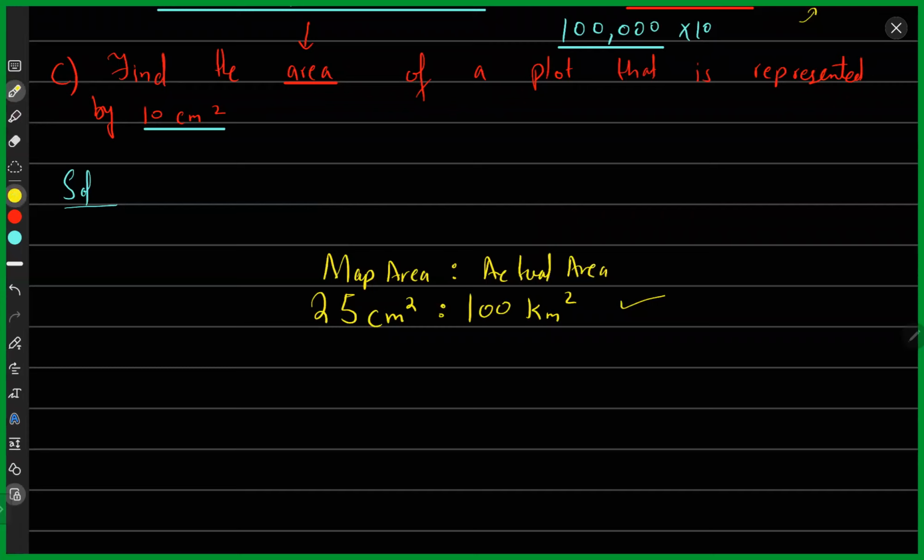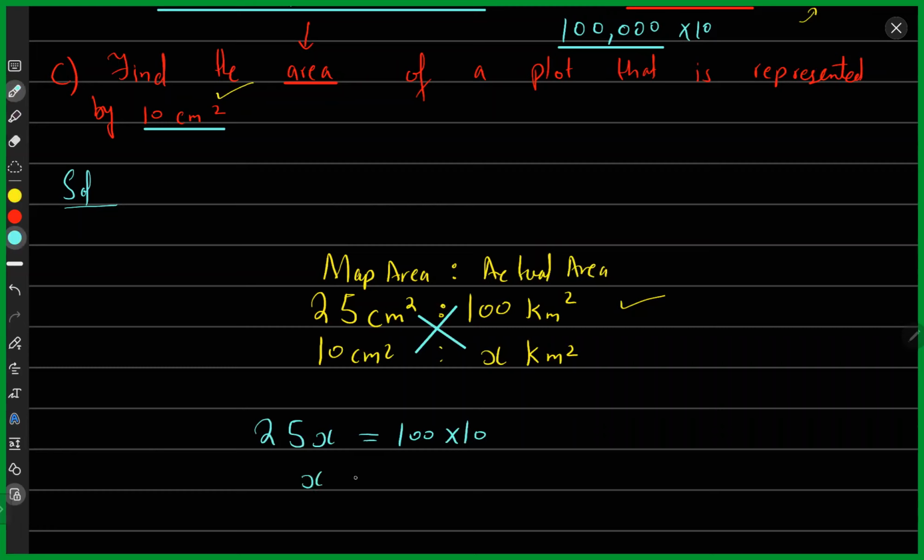Okay, so we have it on the map. It's 10 centimeters square, and we need to find the actual area. That would be X kilometer square, and I am just supposed to cross multiply. So 25 multiplied by X, and 10 multiplied by 100. So 25X equals 100 multiplied by 10.